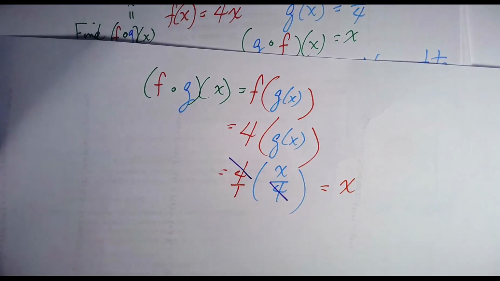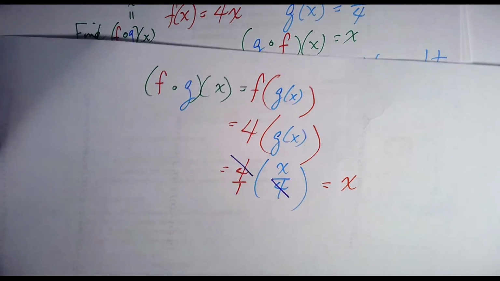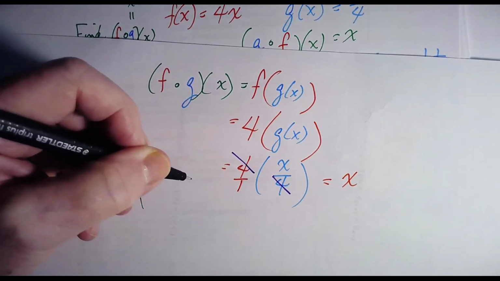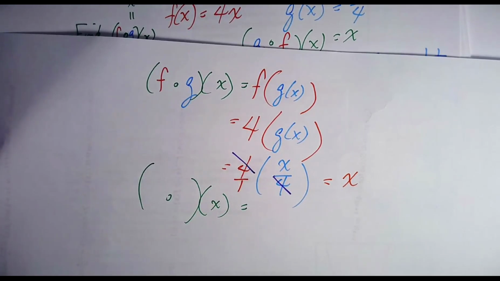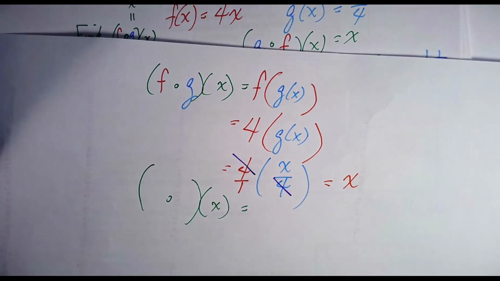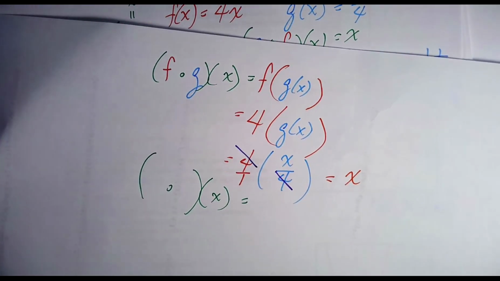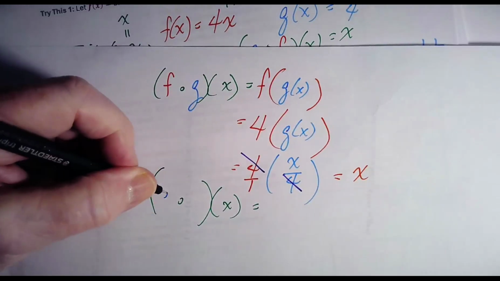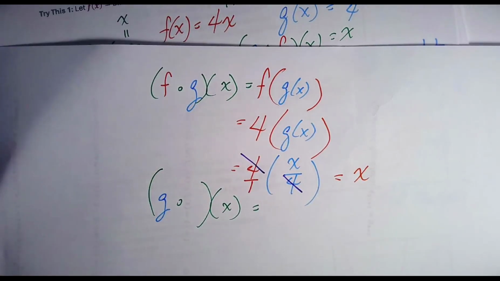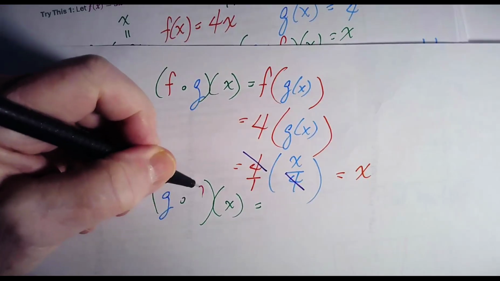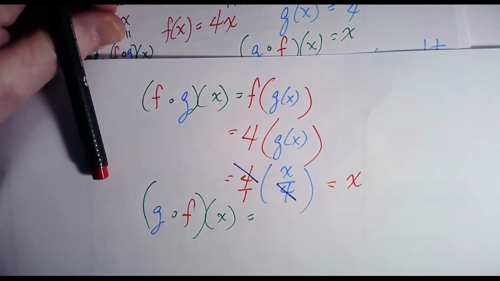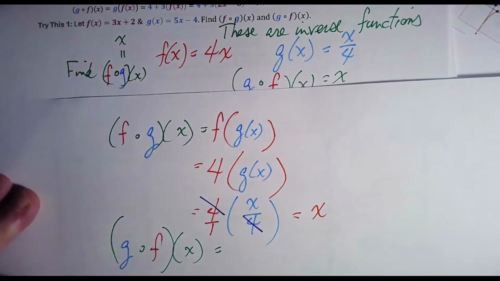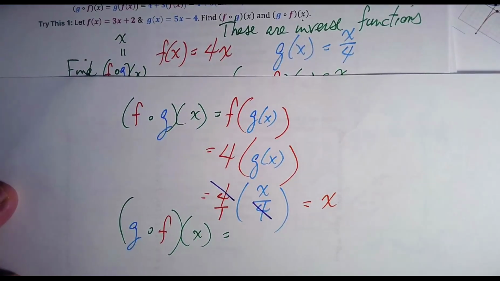And now let's do the other direction. Let's find g of f of x. And we remember f of x is 4x, g of x is x over 4.